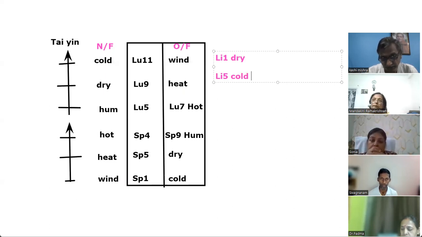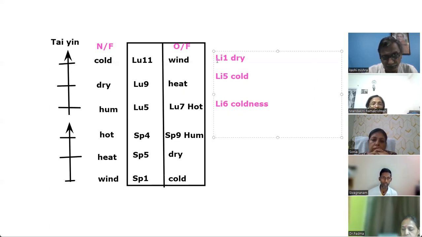And then the next point will be LI6. And this will be coldness. And then the next point will be wind. Wind will be which point? It will be Stomach 36.